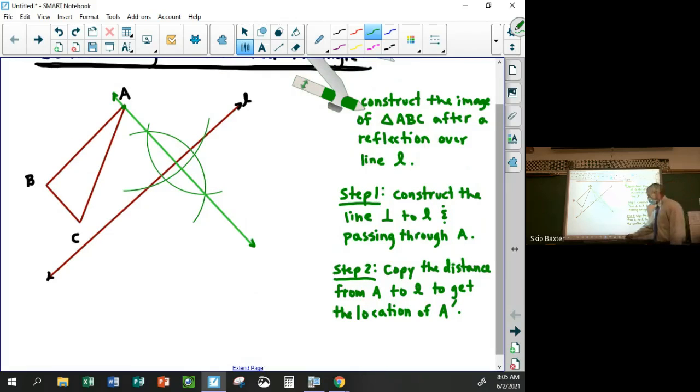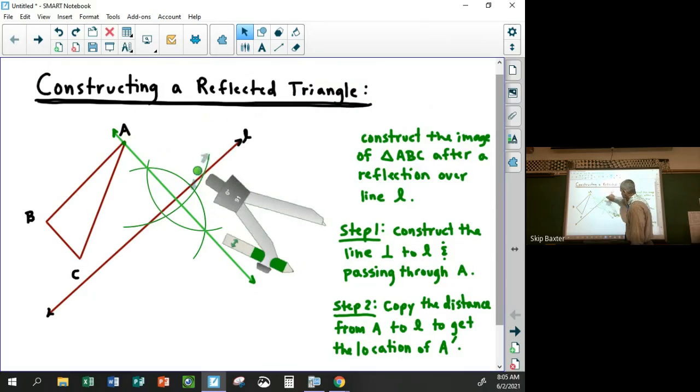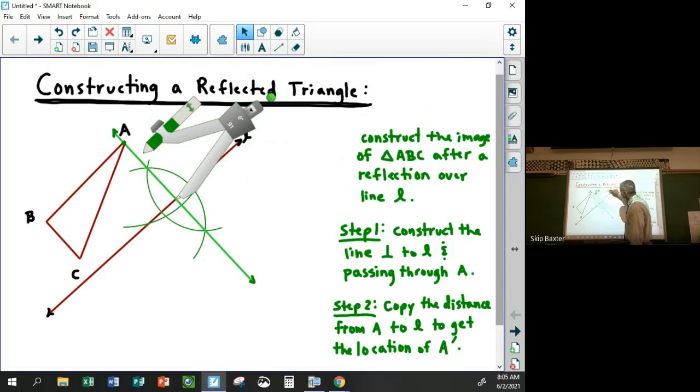Okay, so I'm going to my compass. Remember, you can't use your ruler to measure. So I'm going to use my compass to measure this distance.